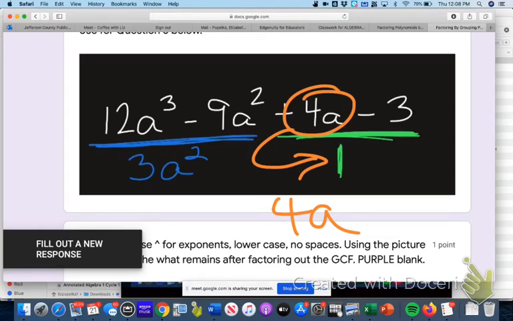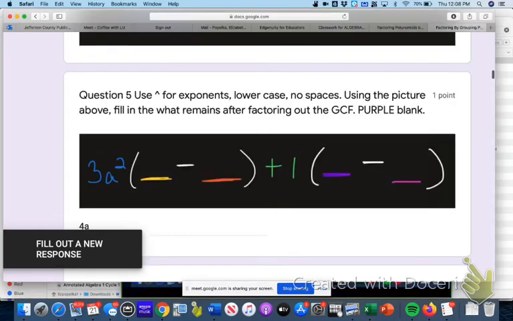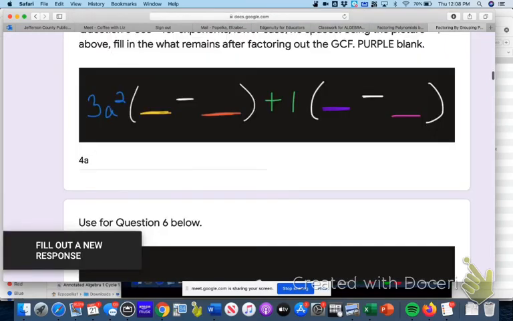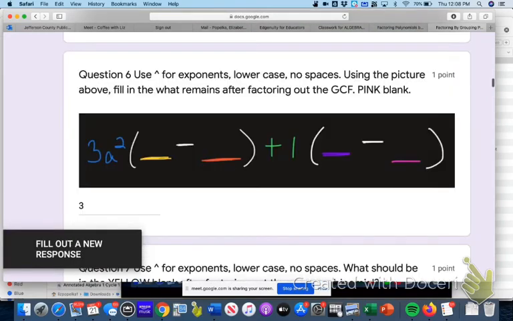So in our next blank, it's asking us what to put in there. It says what goes in the purple blank. So the purple one is right there. So that's why I have 4A, because obviously if you do 4A divided by 1, you still have a 4A. And then the next one says what goes in the pink blank.